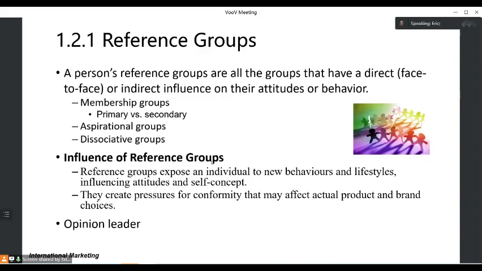When we grow up, we are influenced by our family members. This is a normal phenomenon, because we live together for a long time, so their attitude and opinion often affect our purchase behavior.